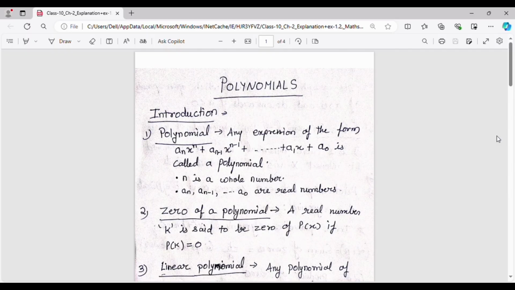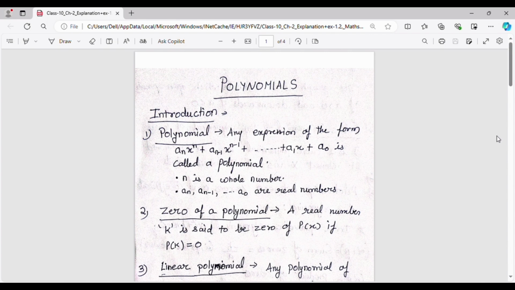Today we are going to start our second chapter, polynomials. So first, basically what are polynomials? Any expression which is in the form a_n x raised to n plus a_(n-1) x raised to n minus 1 and so on is called a polynomial.